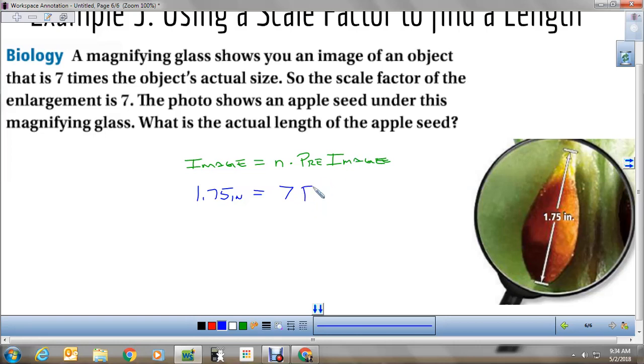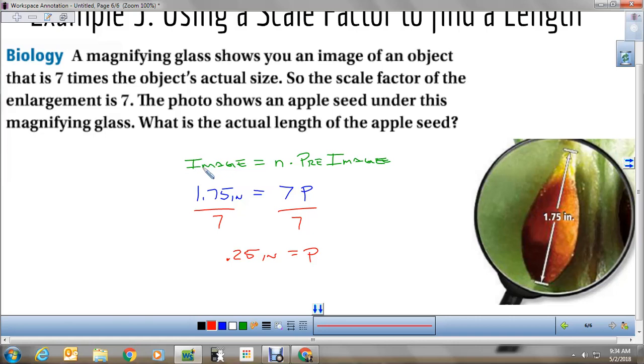I'm going to use a P for our pre-image. So 1.75 equals 7 times P. To solve it, we divide by 7. And 1.75 divided by 7 is going to be 0.25 inches. So our pre-image is about 1/4 of an inch, the original size of the apple seed.